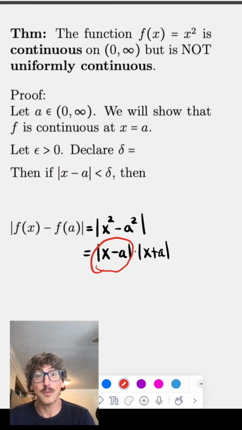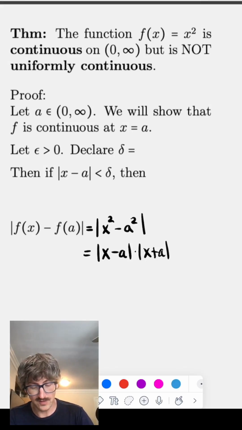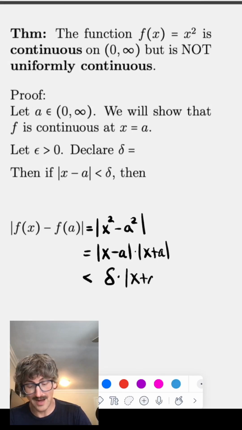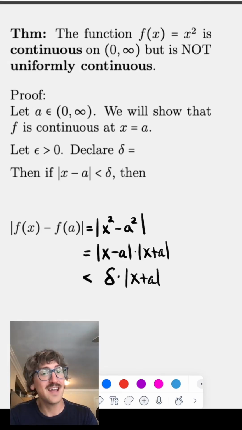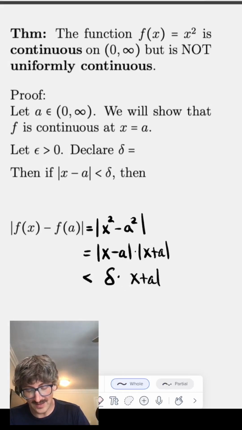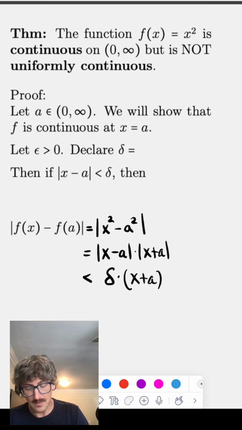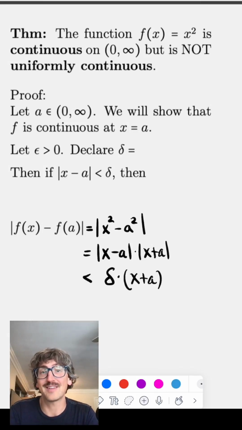So I'm going to incorporate that into my work. So this is less than delta times whatever x plus a is. Now x and a are positive numbers. That's why I wanted to do the simple case here where we're going from 0 to infinity. So for ease of not getting into technicalities, this is the quantity x plus a.